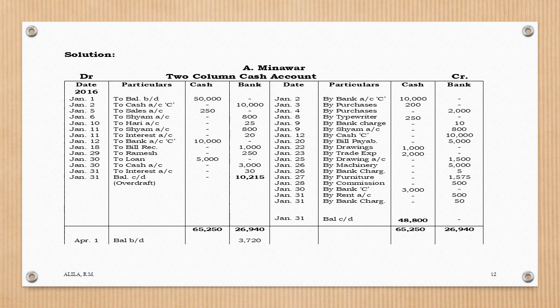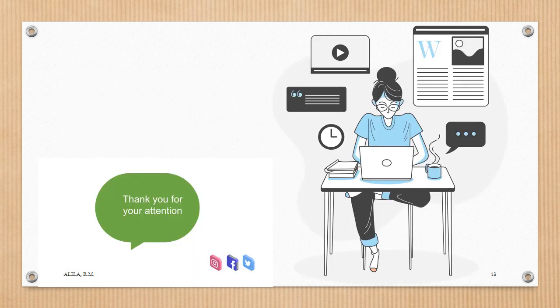So it will become our closing balances, so that the balance carried down will come on our debit side, and that will turn into our opening balances as 10,250. That marks the end of our presentation.